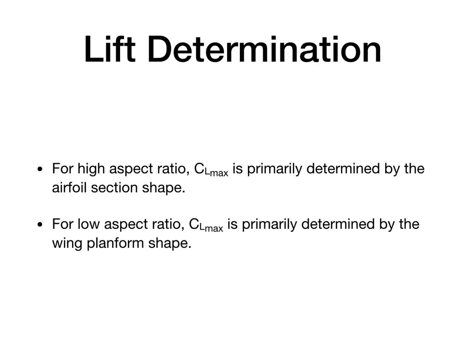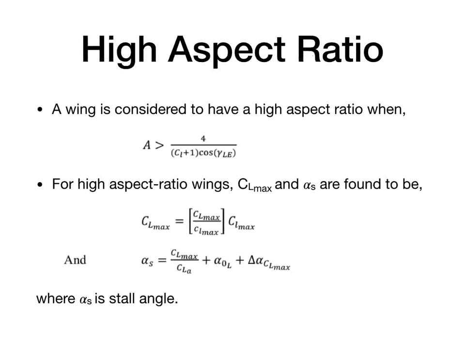A wing is considered to have a high aspect ratio when aspect ratio A is greater than 4 over (C1 plus 1) times cos gamma LE. The coefficient C1 is a function of the taper ratio lambda.